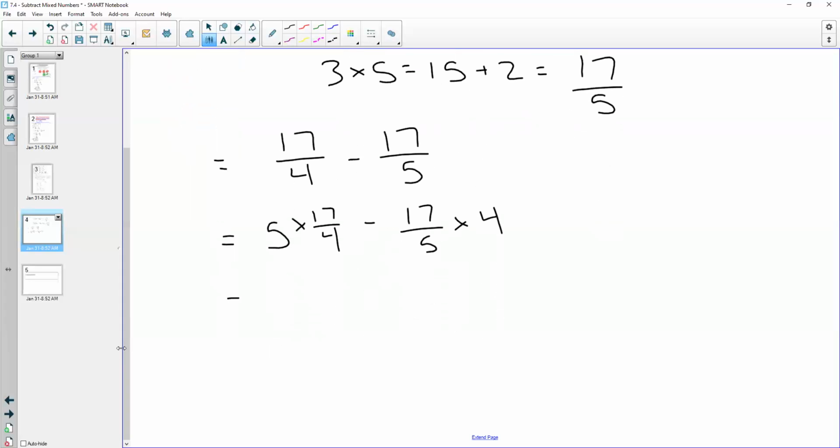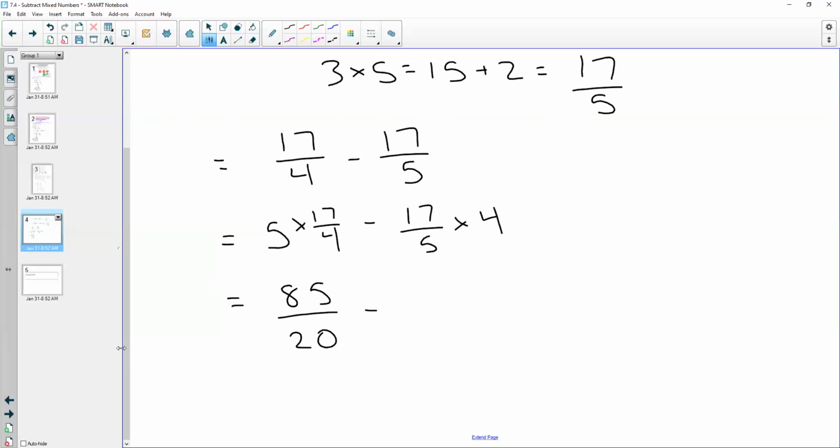Okay, so now we will multiply the numerator and the denominator by the denominator of the fraction we're trying to operate with. So for 17 over 4, the numerator and the denominator will be multiplied by 5. So 17 times 5 is equal to 85, and 4 times 5 is equal to 20.